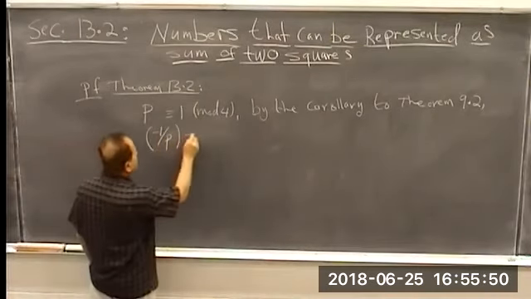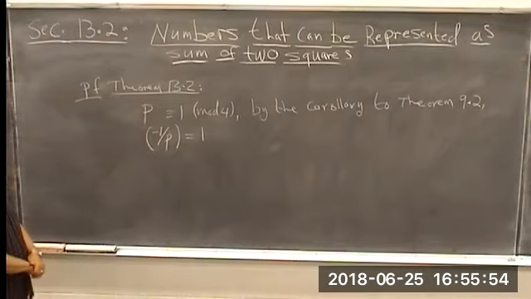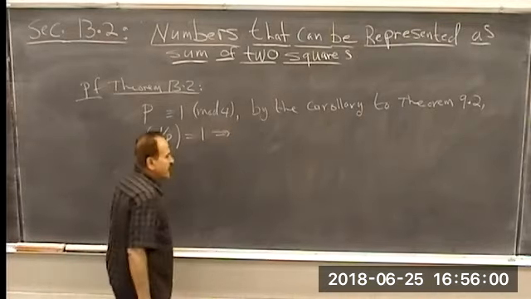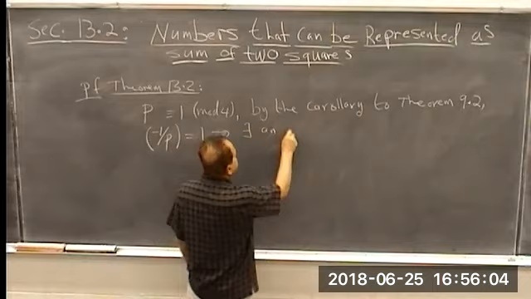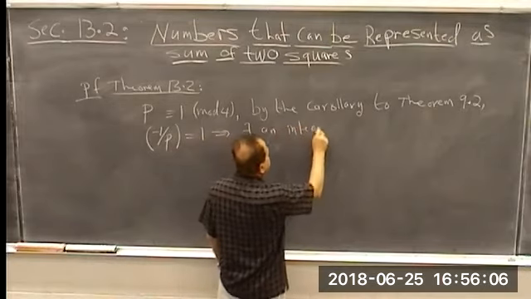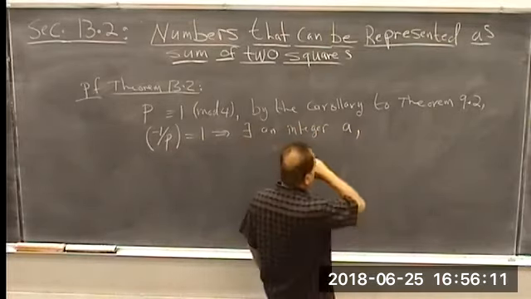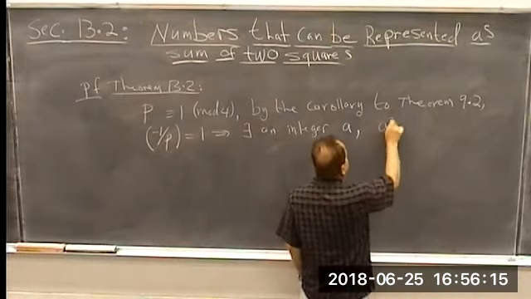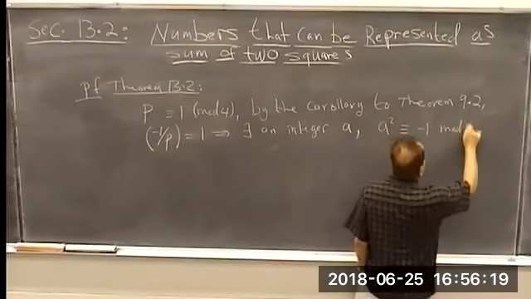In other words, -1 is a quadratic residue, okay? -1 is a quadratic residue of p. This means that there exists an integer a that satisfies x squared congruent to -1, which means that a squared is congruent to -1 mod p.